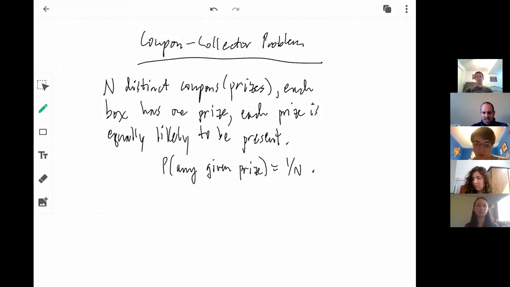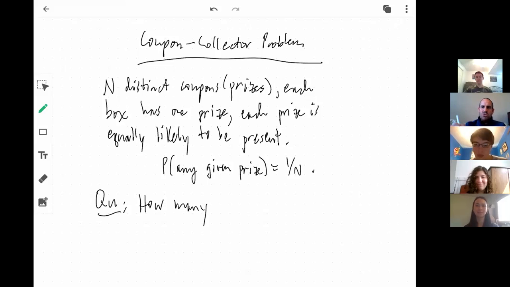So here's the question. How long do we expect to have to wait before we get all the prizes? And by the way, a probabilist always thinks of that as the number of purchases you have to make before you get them all. In theory, you could say it's going to take 1,000,000 years because I'm never going to buy a box of that cereal, or it's going to take an infinite amount of time.